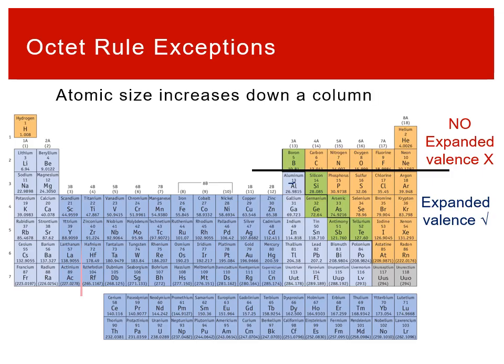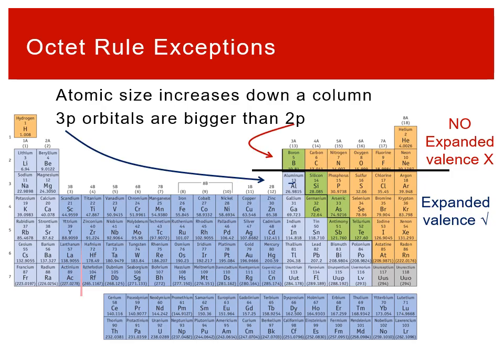The reason why, again, has to do with size. Atomic size increases down a column, and the reason why it increases is because the orbitals get bigger. We haven't really talked about orbitals since we moved into Lewis theory, but underlying this is still the same quantum mechanics. 3p orbitals start to matter, or start to be the valence for things like silicon, phosphorus, sulfur, whereas when it's carbon, nitrogen, oxygen, those are 2p.